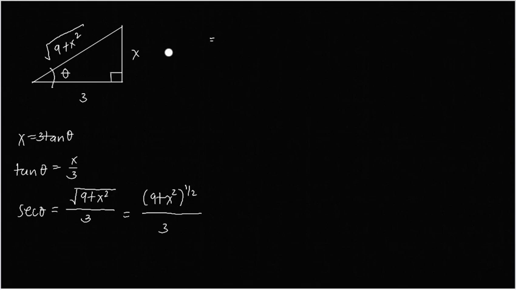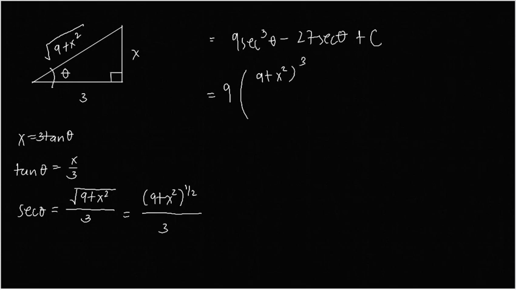And remember, we have a while ago 9 secant cube of theta minus 27 secant of theta plus c. So by substitution, we have 9 times 9 plus x squared raised to 3/2.